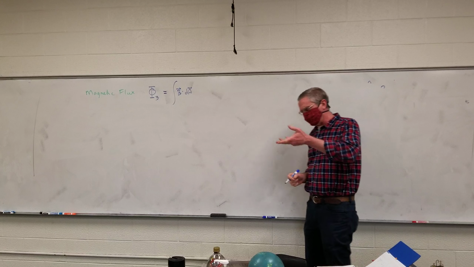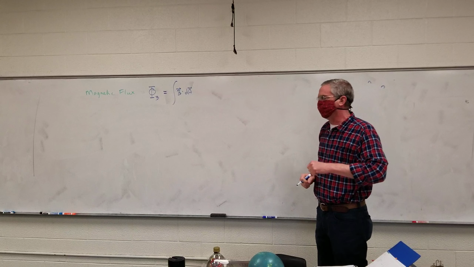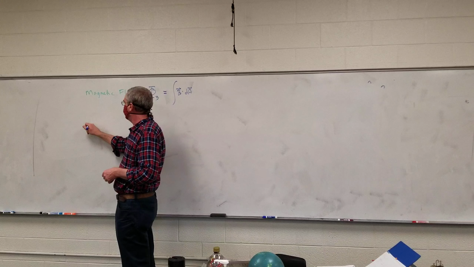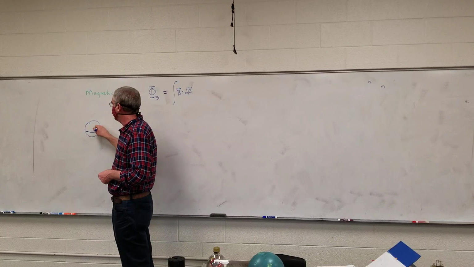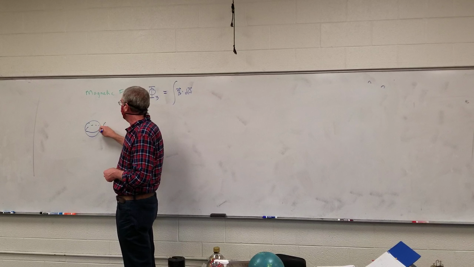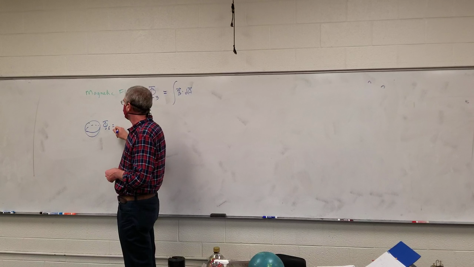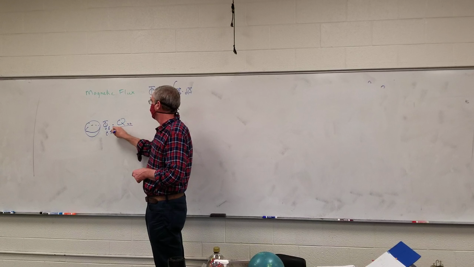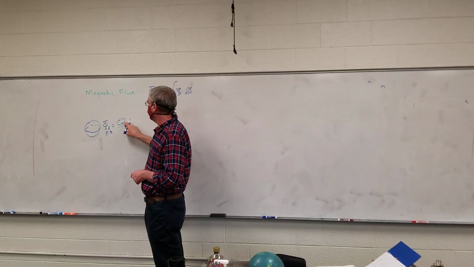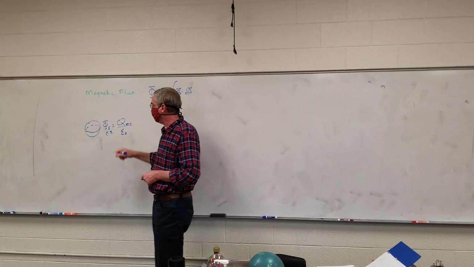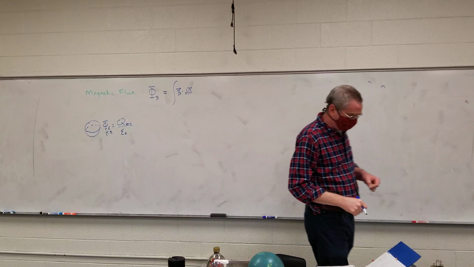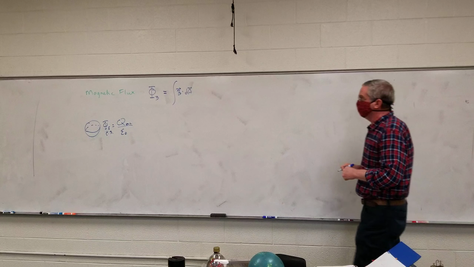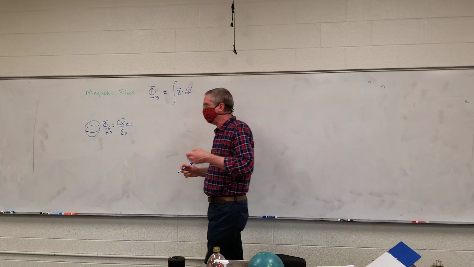Part of this is a repeat, but when we're dealing with electric flux, if I have a closed surface, the electric flux through any closed surface is equal to the charge enclosed divided by some constant. That's because we can have a charge all by itself, but you really can't have a north pole without a south pole.